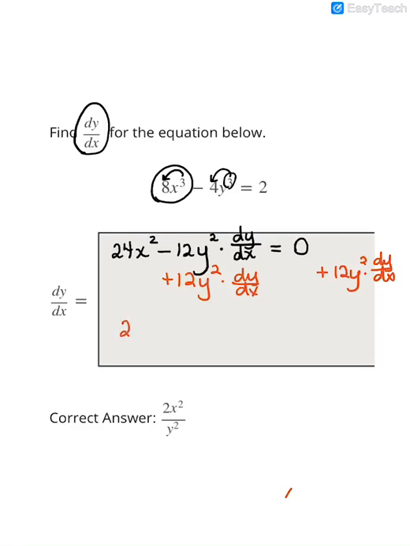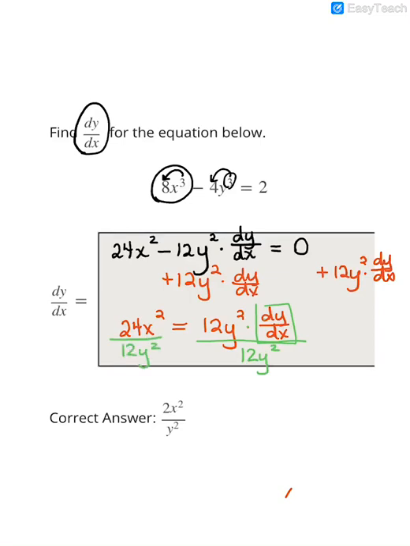Basically I've got a 24x squared that is now equal to a positive 12y squared times the dy/dx. Since we're trying to figure out what the derivative of y is with respect to x, in other words, we're trying to solve for this variable here, and it's being multiplied by the 12y squared, we're going to divide both sides by 12y squared.